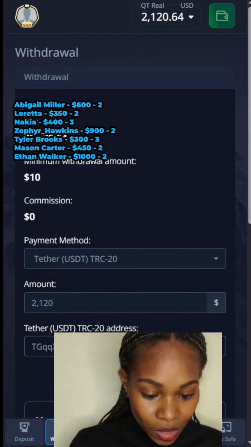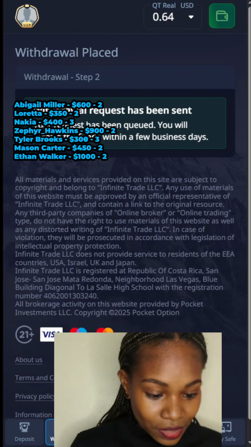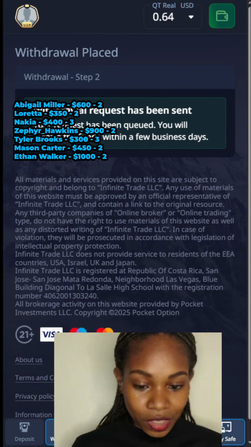Okay, so that is Tether Wallet for Abigail.